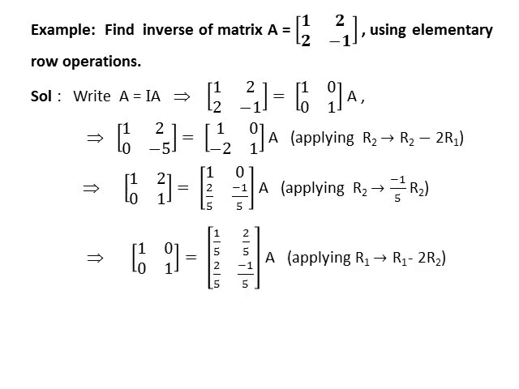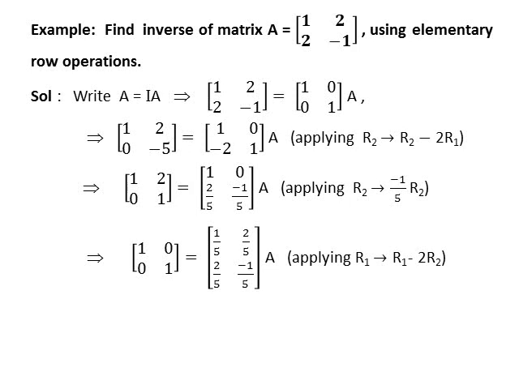Now we have to convert A12 equals to 2 of left hand side matrix as 0. Apply R1 approaches to R1 minus 2R2. It means multiply the elements of second row with 2 and subtract it from corresponding elements of first row.